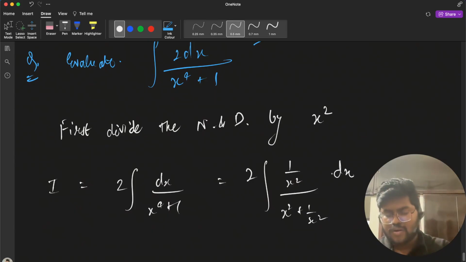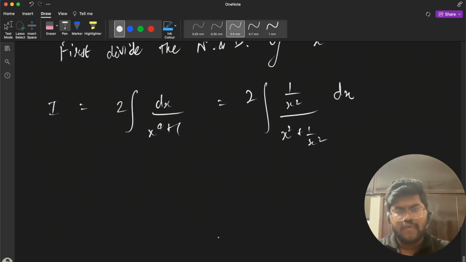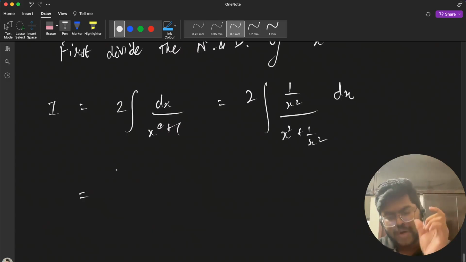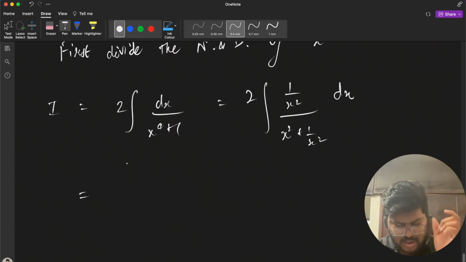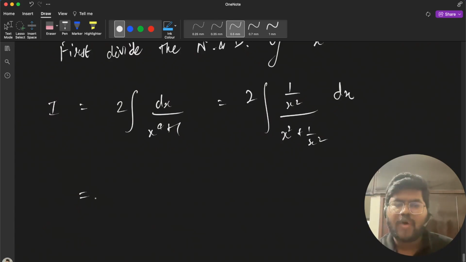Simple enough. Now we try to express the numerator and denominator as a function of x plus or minus 1 by x, right? Because we have to do the integration by substitution, that's why we are putting it in the form of x plus 1 upon x or x minus 1 upon x.